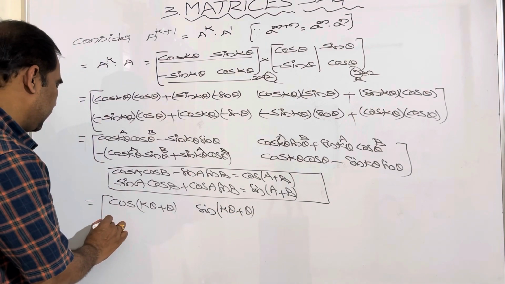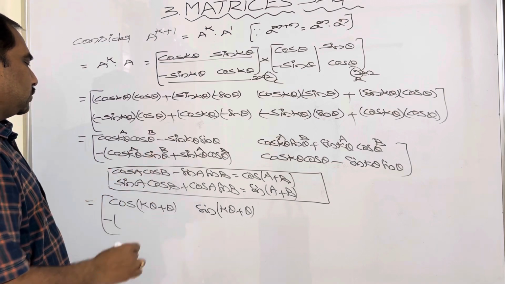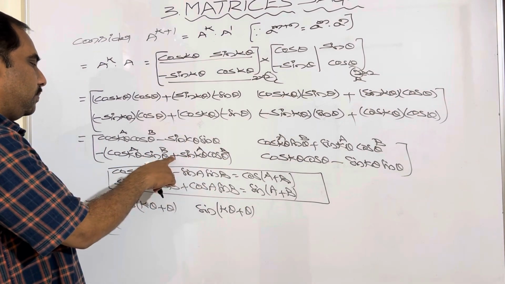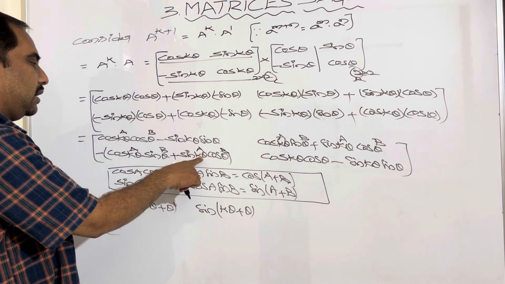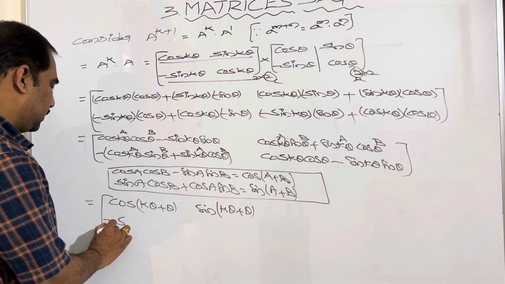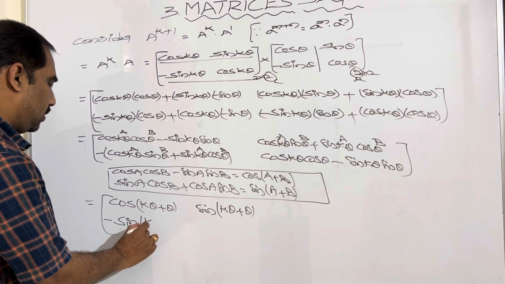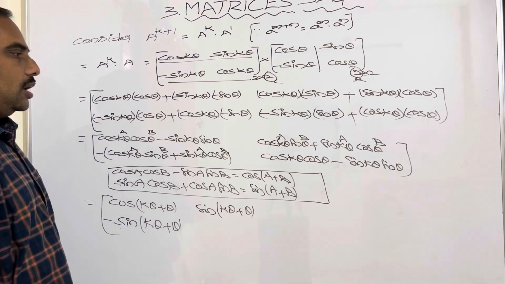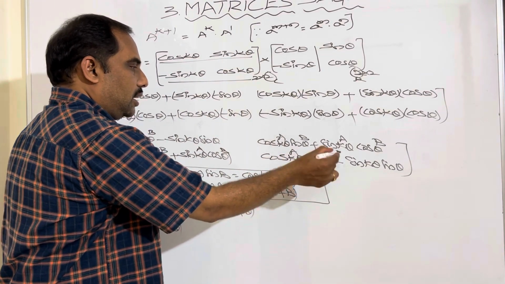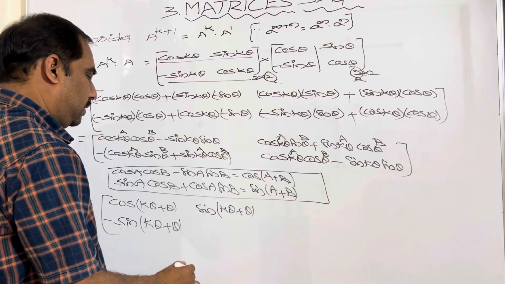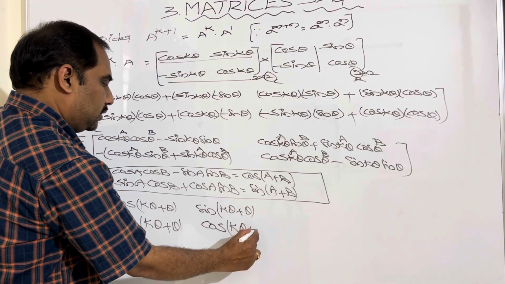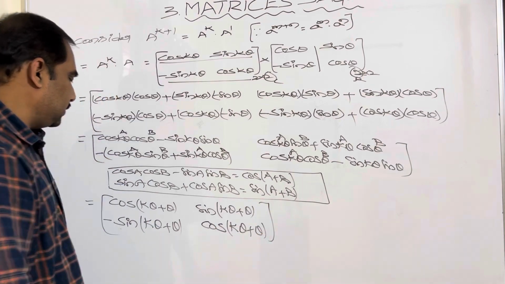Again here minus, as it is minus of A, so we get sin A cos B plus cos A sin B, which we write as sin of A plus B, that is sin of k theta plus theta. And when you take k theta as A and theta as B, cos A cos B minus sin A sin B gives cos of k theta plus theta.